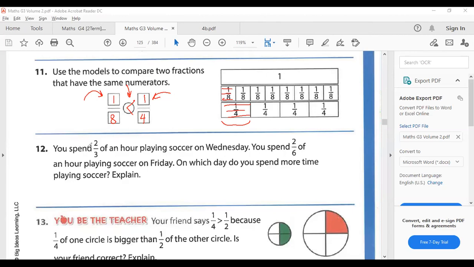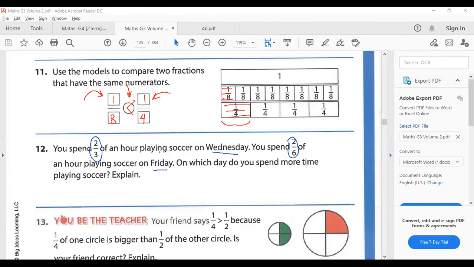Omar, you spend 2 over 3 of an hour playing soccer on Wednesday. You spend 2 over 6 of an hour playing soccer on Friday. On which day do you spend more time playing soccer?